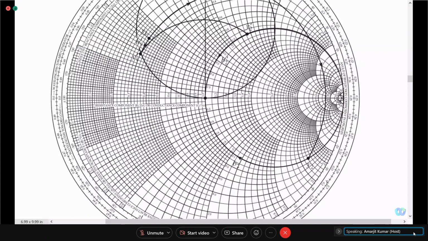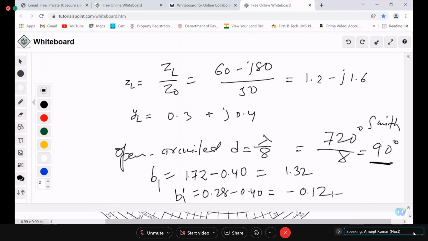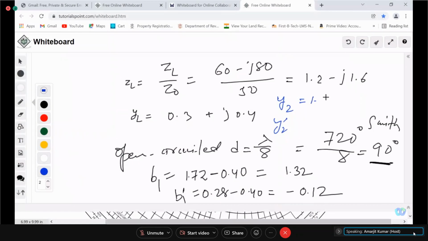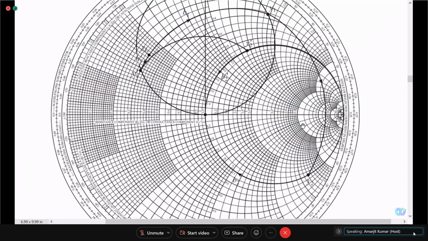Y2 dash also we have to write. So what was Y2? 1 minus j 3.34. And what is taken in the book for Y2?